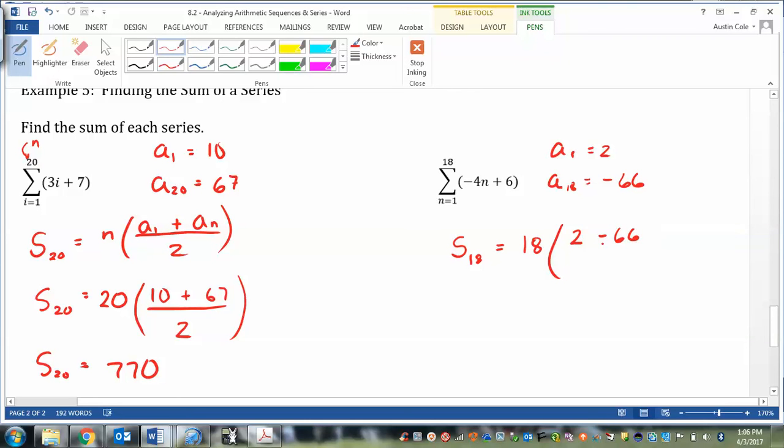Guys, if this is negative, that needs to be negative. All divided by 2. So here I think this gets me, let's see, negative 64, right? Yep. Divided by 2, negative 32, times 18, negative 576.